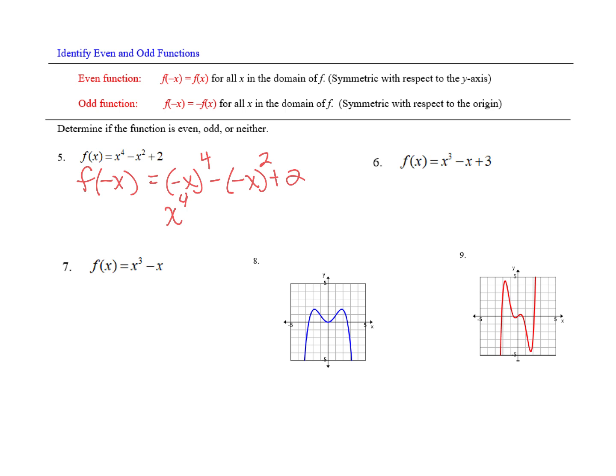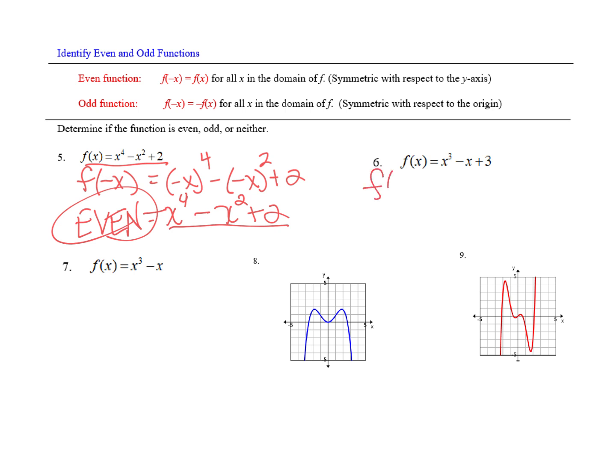And then negative x squared is going to give me a positive x squared, so this is going to result in minus x squared. And then this doesn't multiply by anything, so it's going to be plus 2. Now, look at your original function and look at your new function. They are exactly the same, so therefore this function is even.